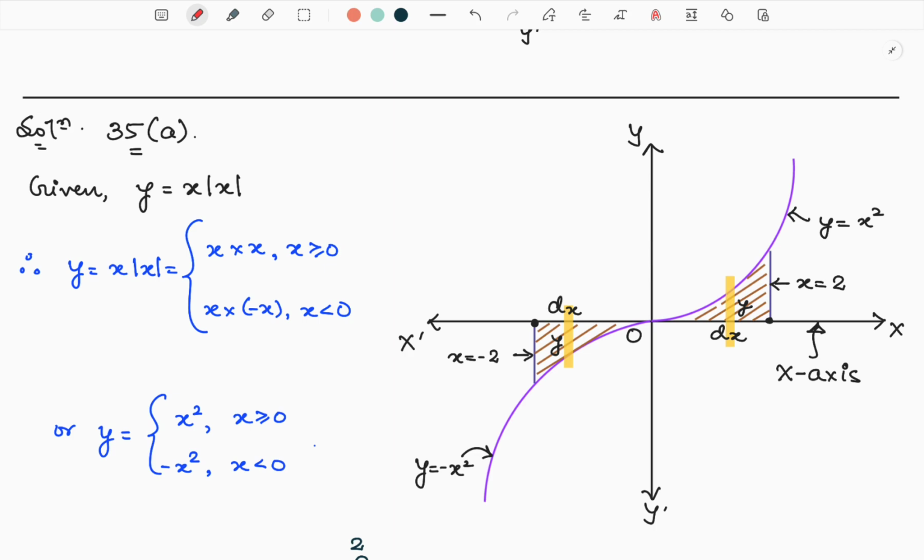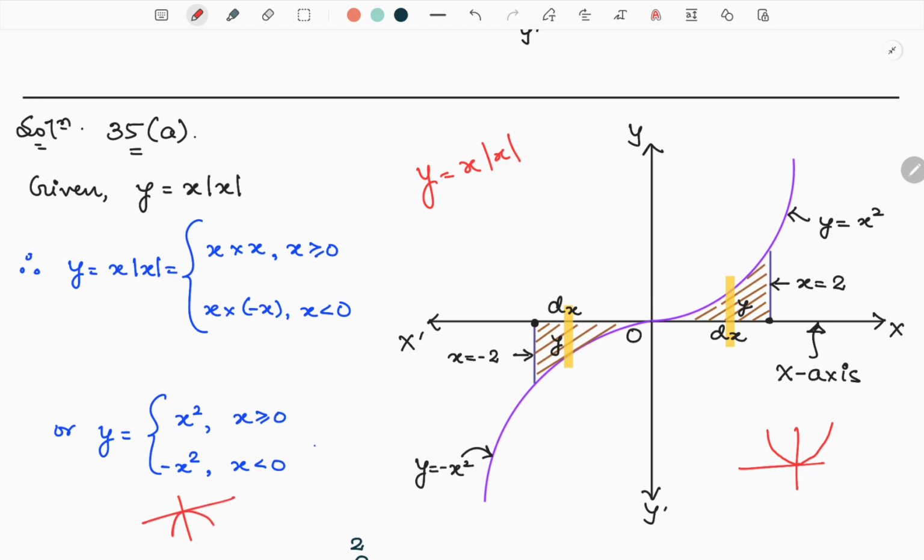So your first graph is of y equal to x mod x. Now this takes two values, plus x square and minus x square. You have to keep in mind that when a quadratic equation is given with a positive x square coefficient, the graph will be above the x-axis, and when the x square coefficient is negative, the graph will be below the x-axis.